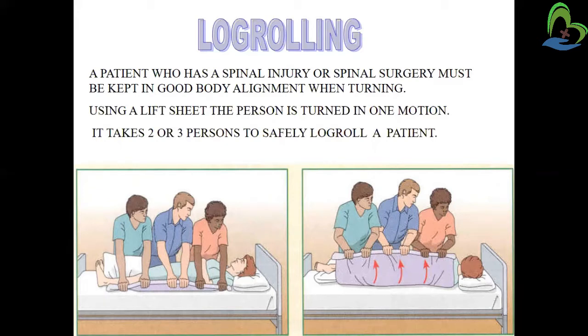Using the lift sheet, the person is turned in one motion. Here three assistants are there for the log rolling, shifting the patient and moving to one side. It takes two or three people to safely log roll a patient, not only one assistant.